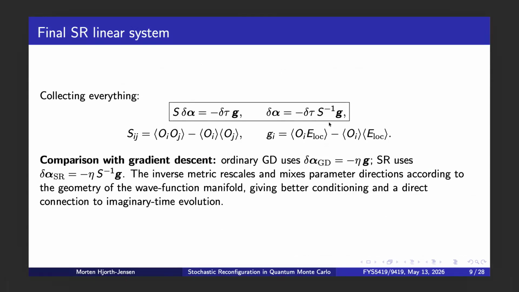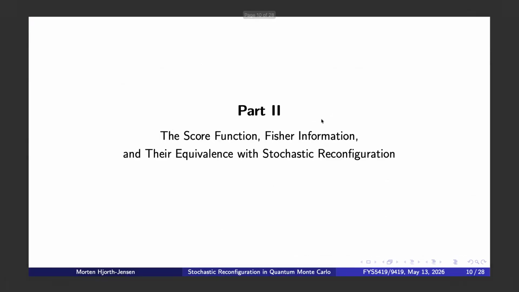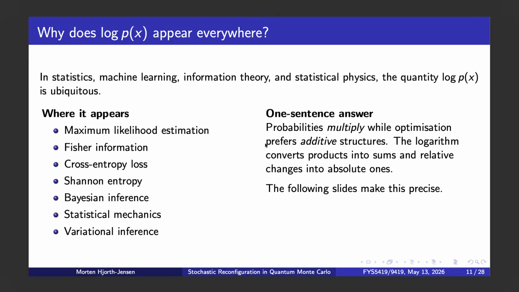And this stochastic reconfiguration is actually a quantity which is equivalent with this Fisher information matrix. So in the second part of this additional material, you will find a discussion of both the score function, which we mentioned now on the whiteboard, and the Fisher information and the equivalence with that approach.